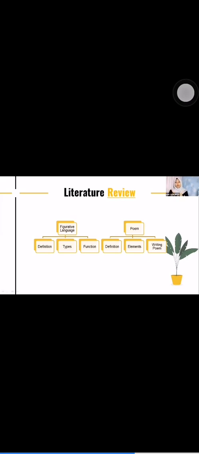It can be concluded from their theories that a poem is a form of words which has a beautiful rhythm that can explore ideas or emotion. And for the elements, poems have figure, imagery, and then rhythm, rhyme, and tone.